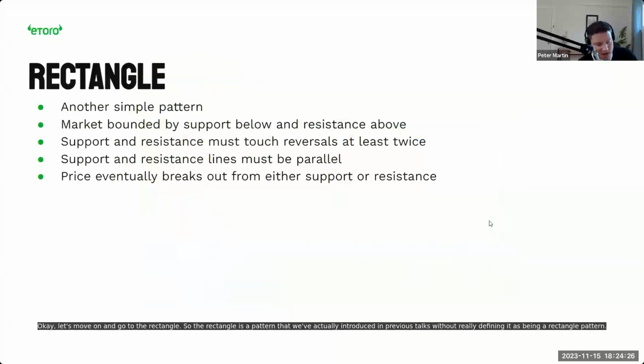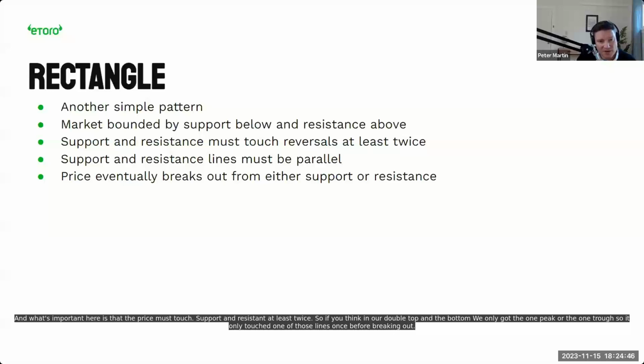So the rectangle is a pattern that we've actually introduced in previous talks without really defining it as a rectangle pattern. This is the idea of the sideways market, so the idea that price is bounded above and below by support and resistance that are horizontal. What's important here is that the price must touch support and resistance at least twice.